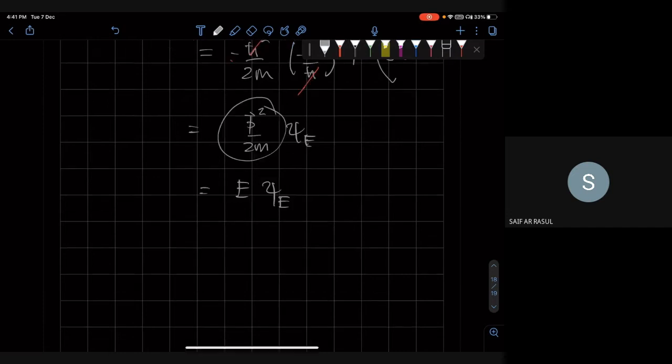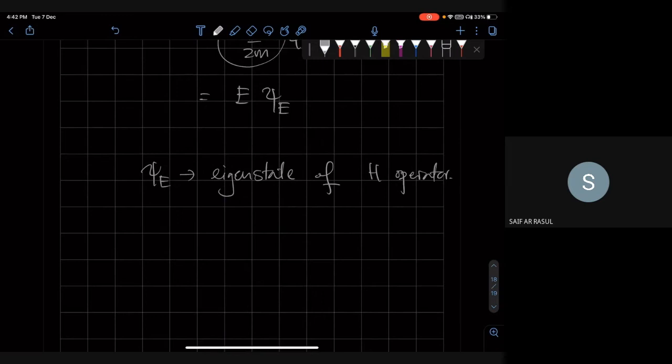So here we see that ψ_E is an eigenstate of the H operator. Now, ψ_E is also an eigenstate of, can you guess, which other operator?